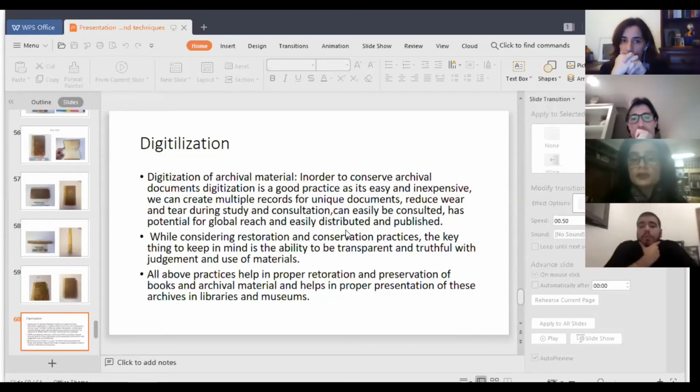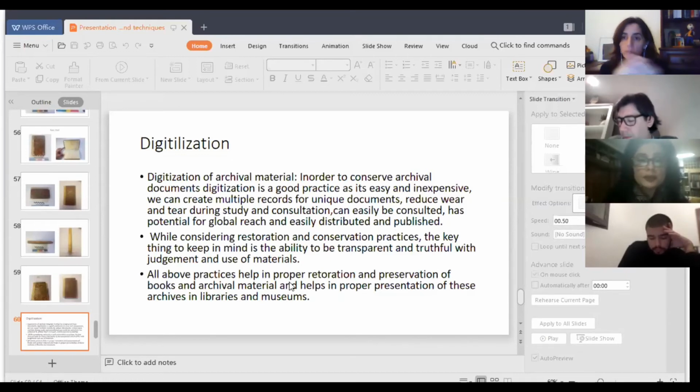It creates multiple records for unique documents, and it saves the material from recurrent handling. We take pictures, we digitalize with the help of many softwares, and we keep the record for future study. These are just some of the processes of paper restoration and proper presentation.